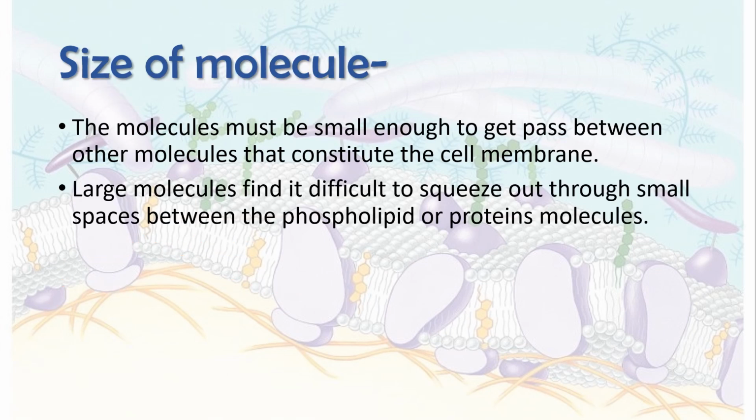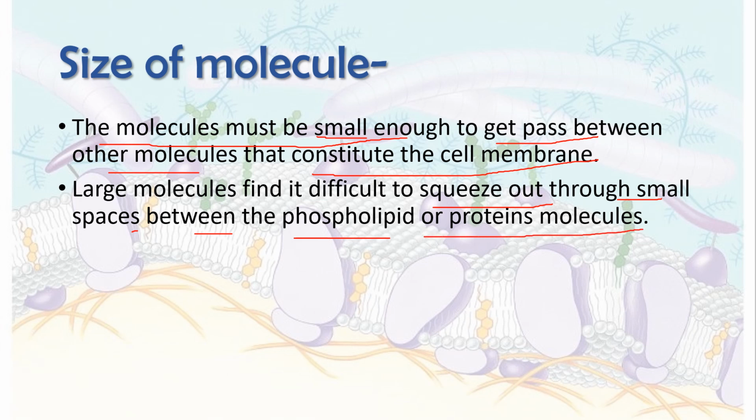First, the size of the molecule. The molecule must be small enough. The molecule that is going to cross the cell membrane should be small in size to get past the other molecules that constitute the cell membrane. Large molecules find it difficult to squeeze through the small spaces between the phospholipid or protein molecules. Suppose this is our cell membrane.